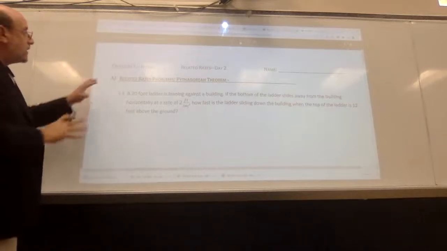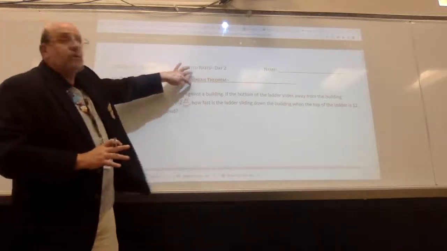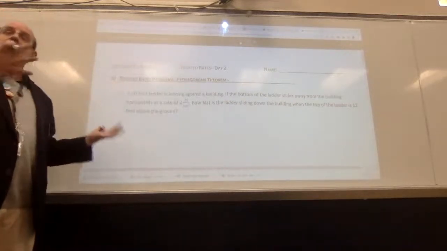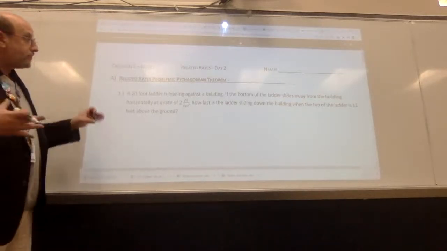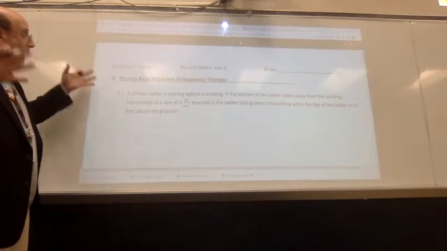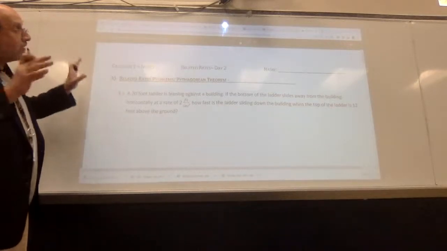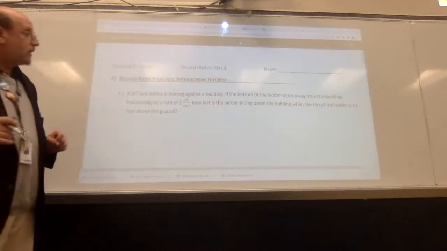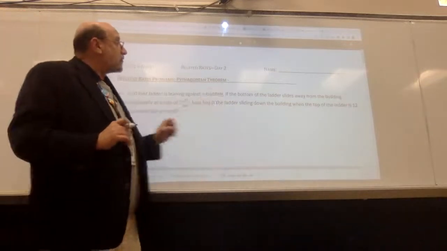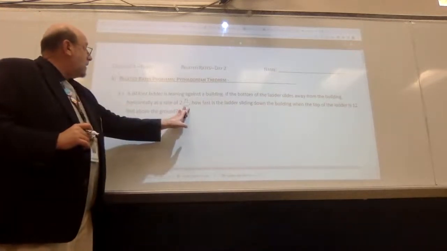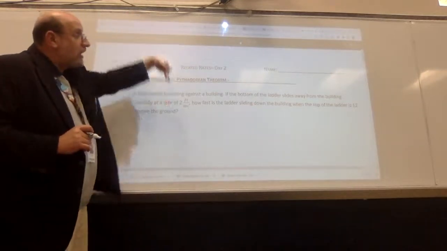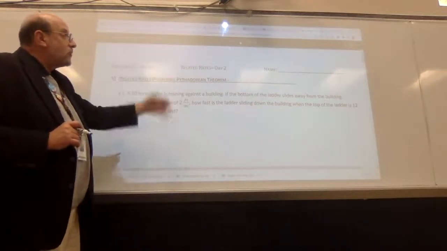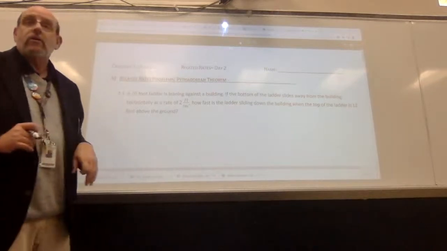Everything like these Pythagorean theorem problems are probably the easiest to work with. Right? So we have a ladder. It's a 20-foot ladder, and it's leaning against a building. And if the bottom of the ladder slides away at a rate of 2 feet a second, how fast is the ladder sliding down the building when the top is 12 feet above the ground?